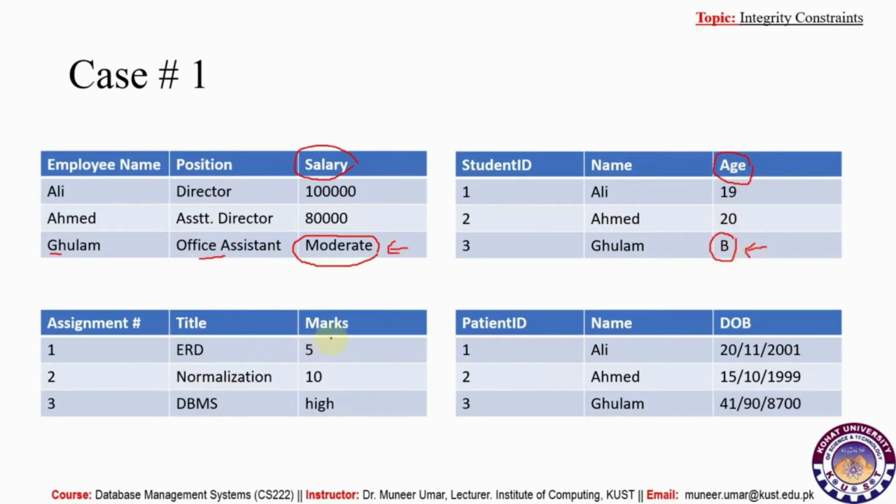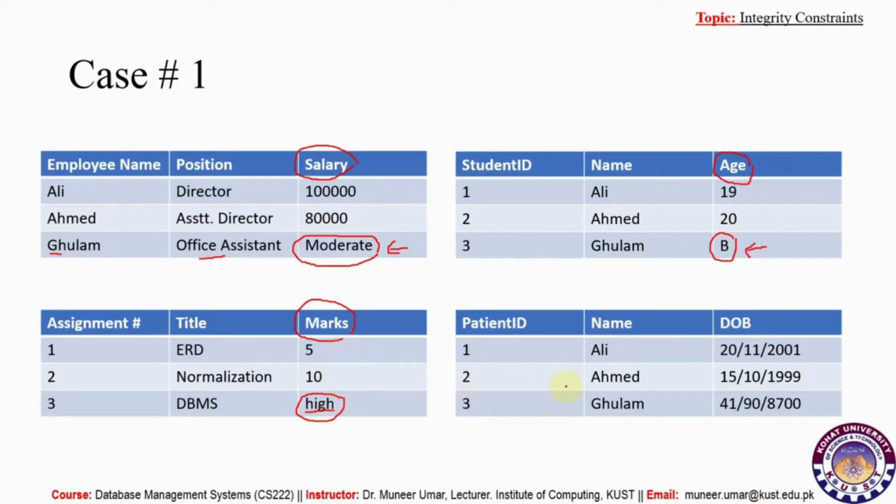Third, we have marks. Again, marks must be in numeric form, and here it is a non-numeric value, and with this value we cannot determine the exact value for marks.